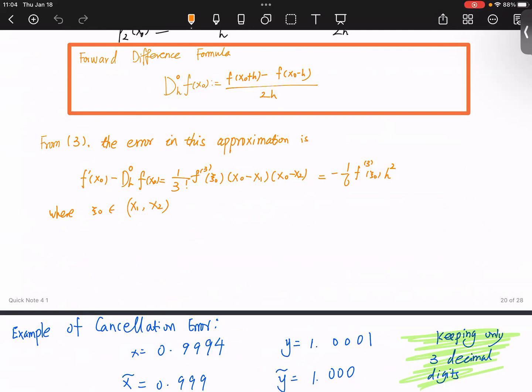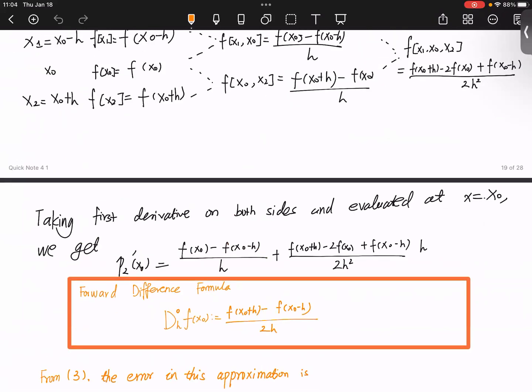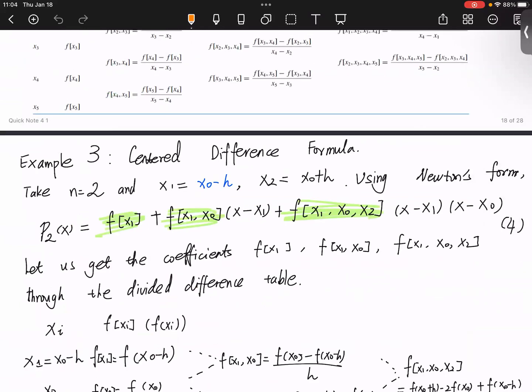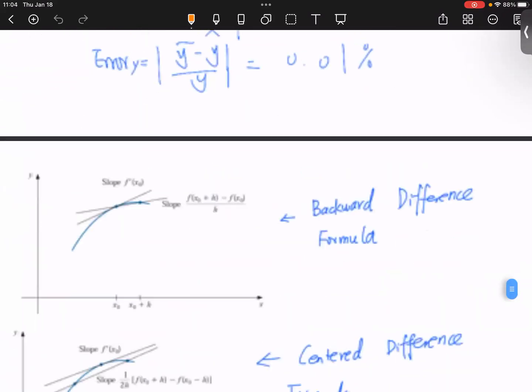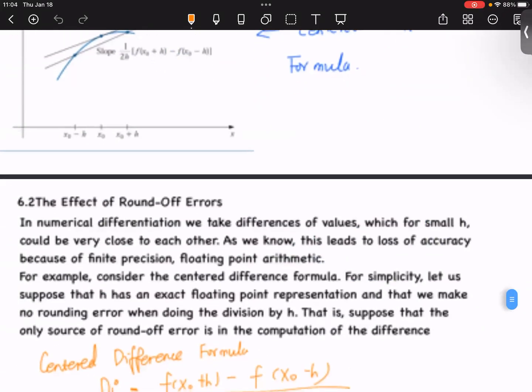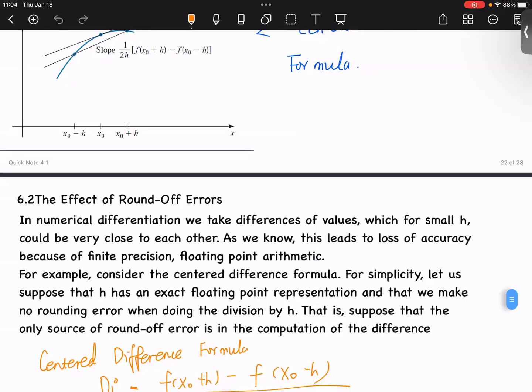This is the second order of h. How do we derive this formula? We are using the Newton's form to derive this formula. And last time we also mentioned something about the rounding errors in the numerical differentiations.